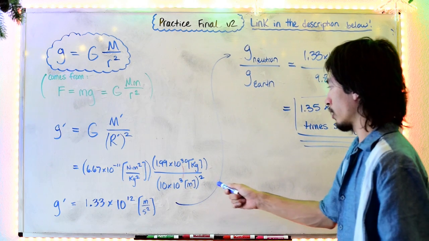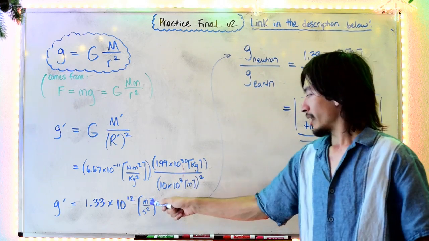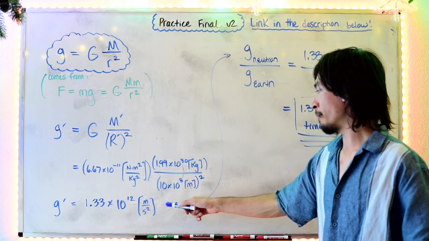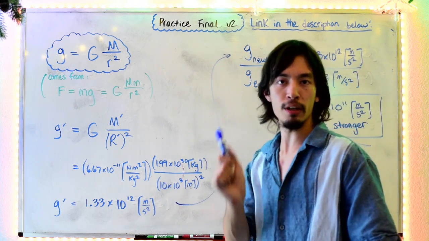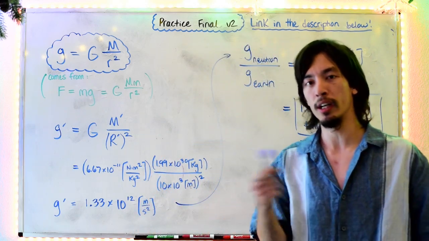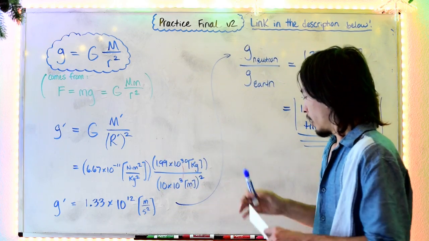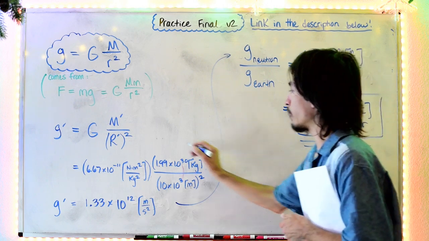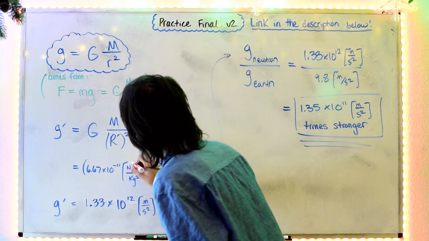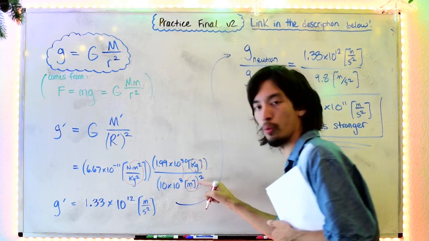If you look at this a little bit more closely, the units you initially get are not going to read meters per second squared. It's good that you are checking your units, because if your units do not work out, then you've done something wrong. You've plugged in something wrong, or you've manipulated the algebra incorrectly. However, if we take a look at all the units here, don't forget to square them.